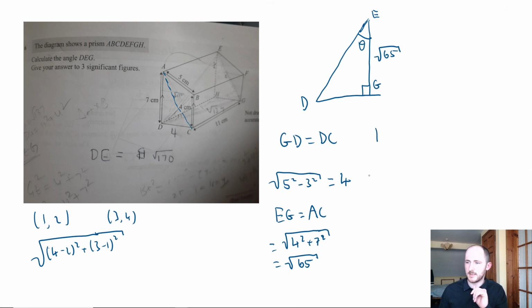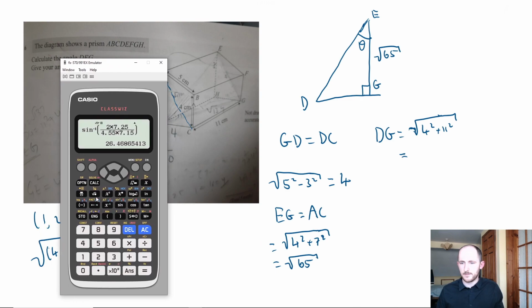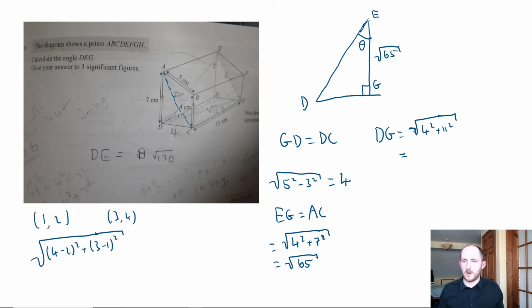So DG is just going to equal the square root of 4 squared plus 11 squared. Let's just use a calculator. I needed that 4 because I'm going to use it to work out DG. That is square root 137.